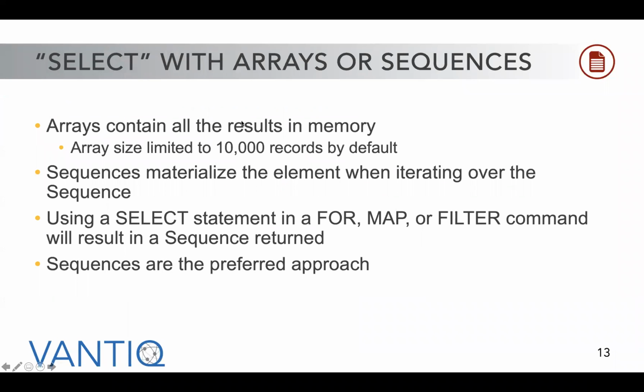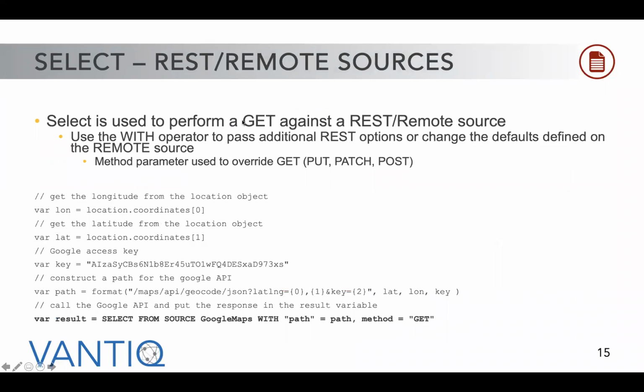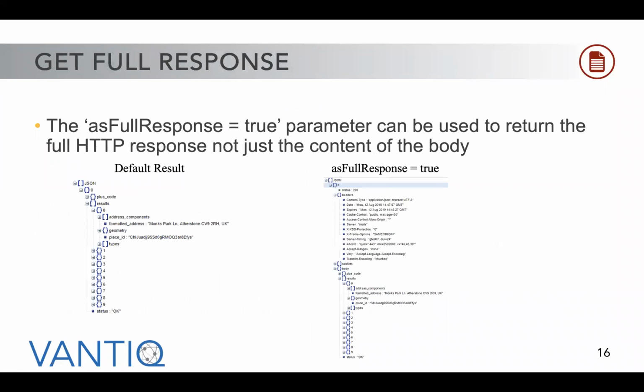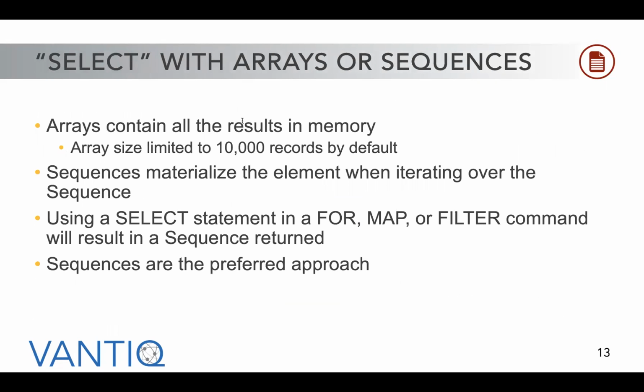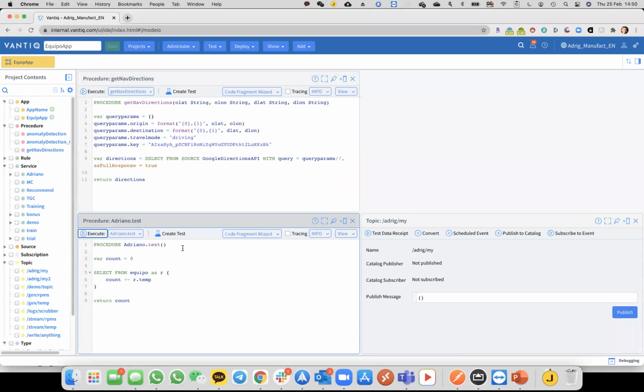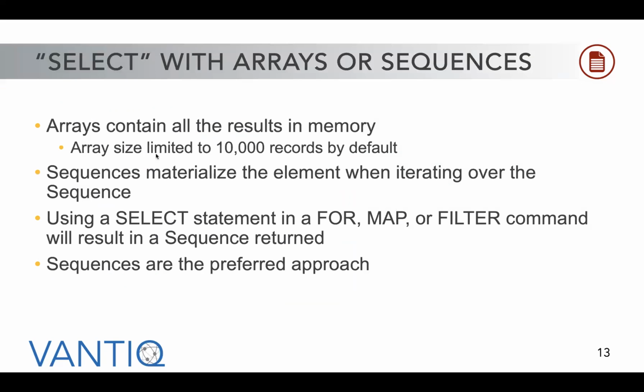But let me explain this later. So let me talk about this now. Vantiq has a safe limitation, a safeguard, a protection, that you can only select and create an array with a limit of 10,000 records.